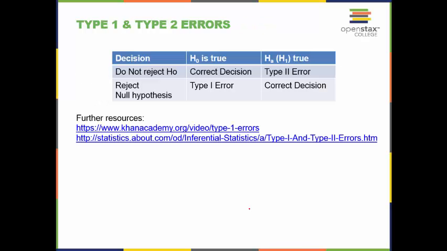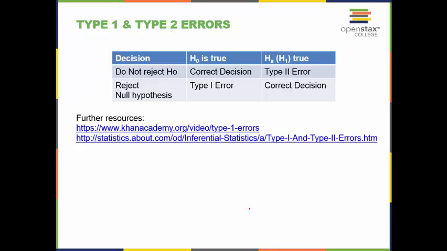Okay. There are things called type 1 and type 2 errors. If you fail to reject H naught and H naught is true, you've made the correct decision. But if you don't reject it and H naught is not true, it's called a type 2 error.